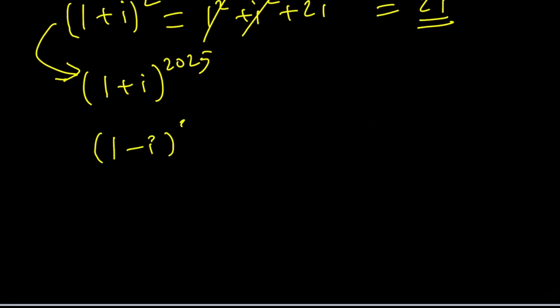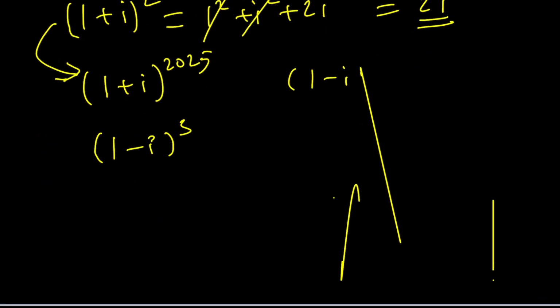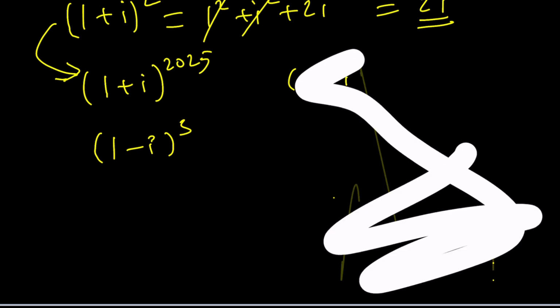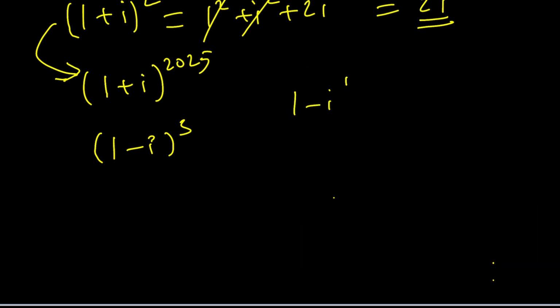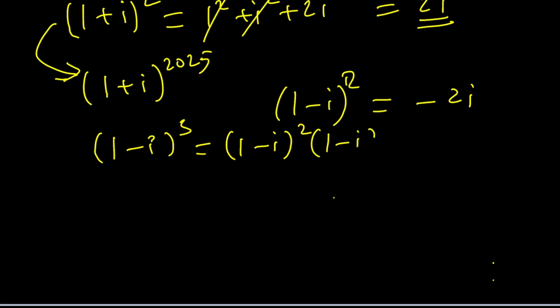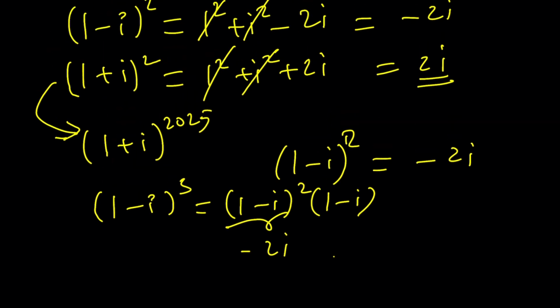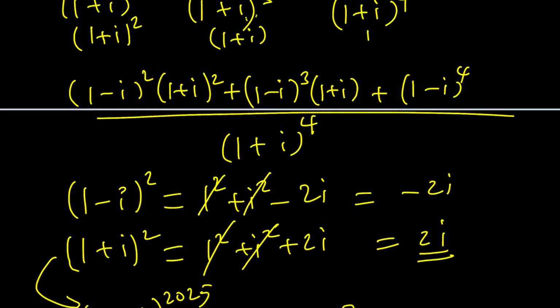If you know that (1 minus i) squared is negative 2i, how would you find this? You would just multiply (1 minus i) squared by (1 minus i), and that will do the trick. You know that this is negative 2i, and just distribute the other one over, and you'll get the answer. Make sense? Okay, you could build like this, but even this will take a while to do.